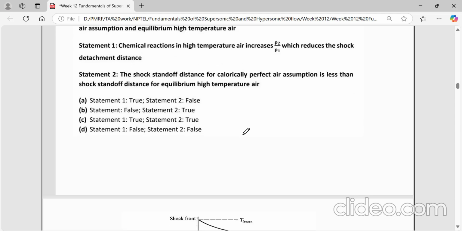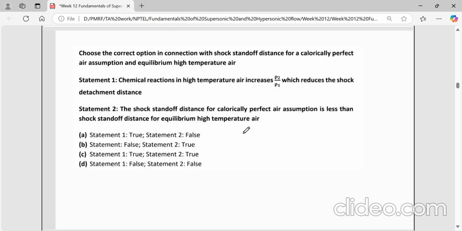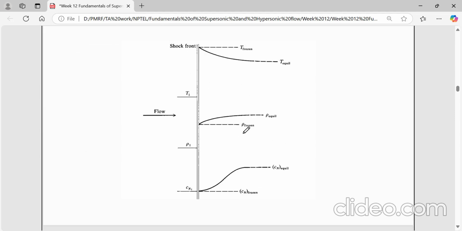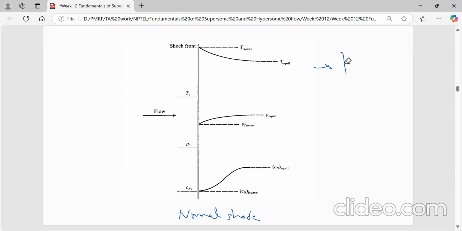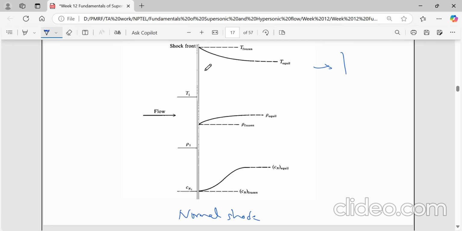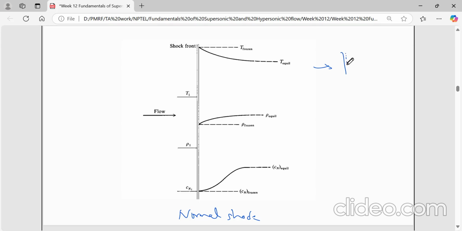So before that, we will see what happens to density across a shock. Actually, this is for normal shock. And if there is one normal shock, then just after the shock, there will be a very thin region which will have frozen flow.